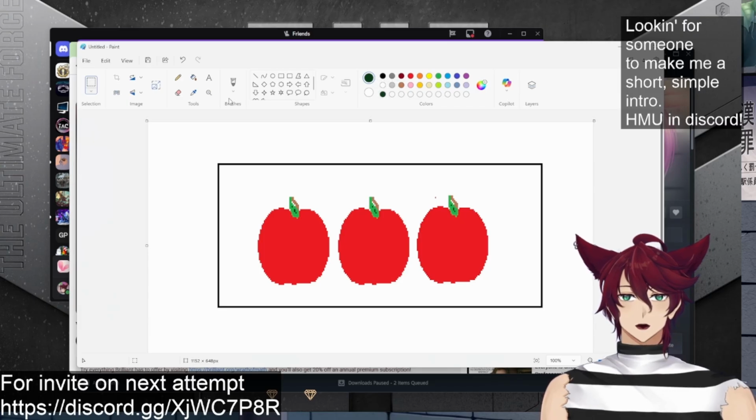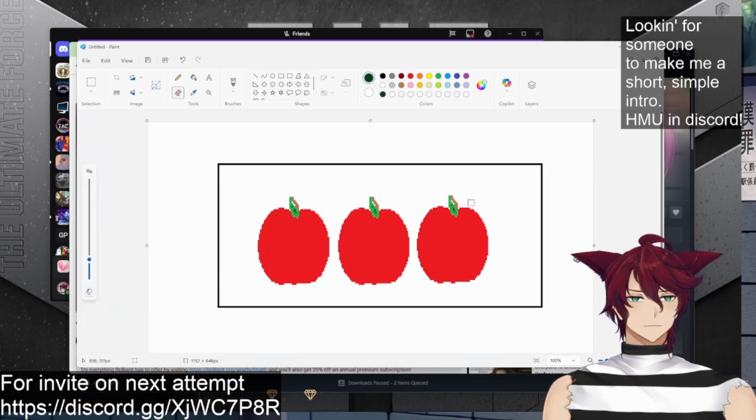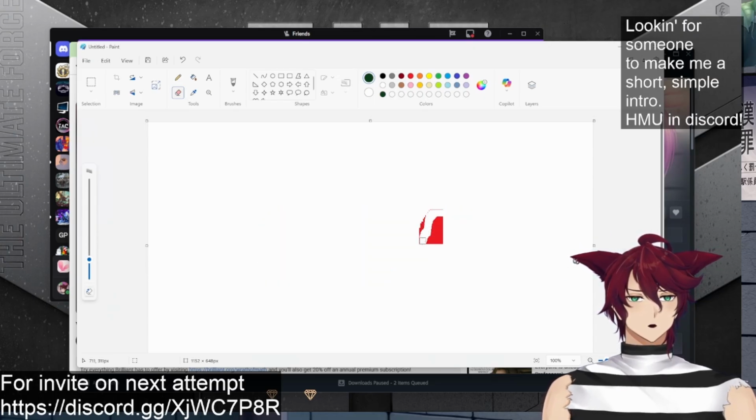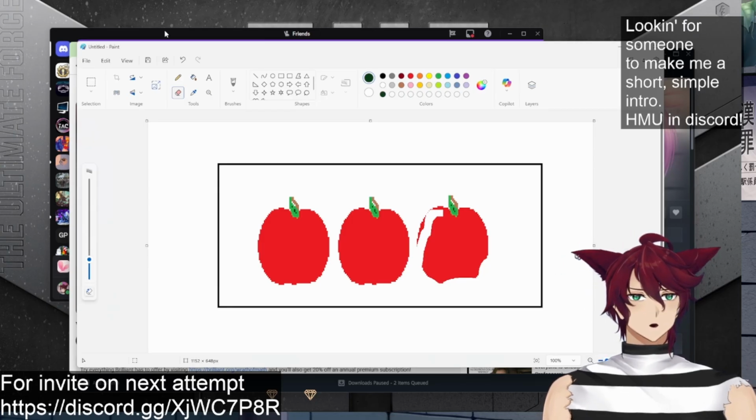I wish there was like an outline button. You know what I mean? That would be really convenient. So we're gonna go like this and just pray that I can erase what I want to erase, I guess. This isn't gonna work.